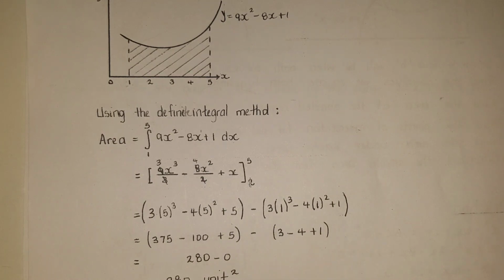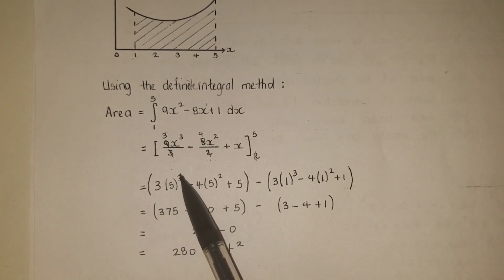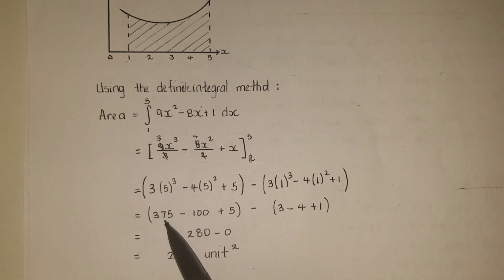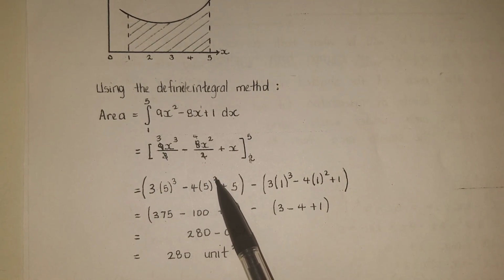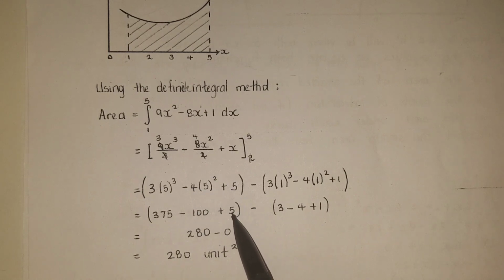So now when we simplify, 5 cubed is 125 multiplied by 3 gives us 375. 5 squared is 25. 25 times 4 gives us 100. And our 5 comes down. When we work this bracket, we get 280.